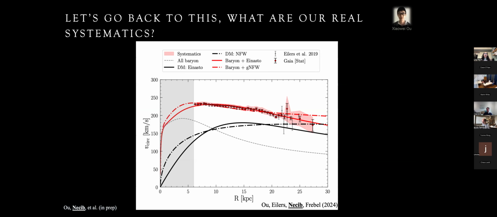So, okay, if we go back to all of this and try to quantify our systematics. Right now I have the statistical errors as these small error bars, and the systematics are this big pink region right here. The two fits that I have are one from the generalized NFW, which is here, and one is the Einasto.